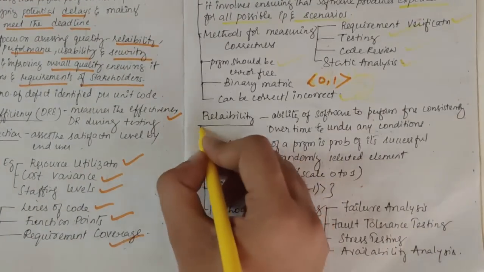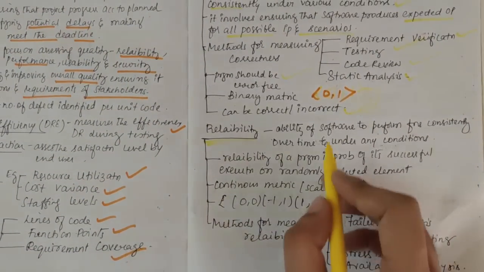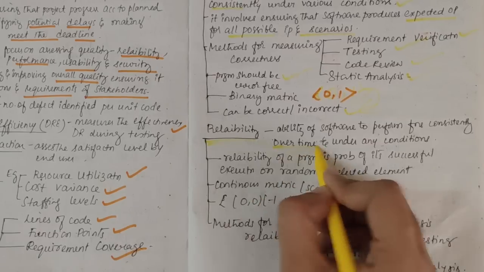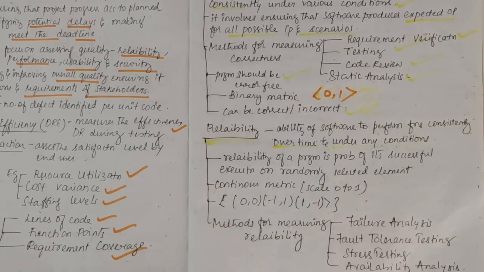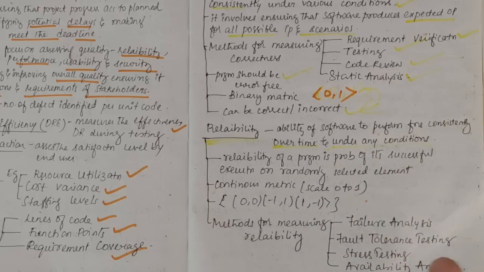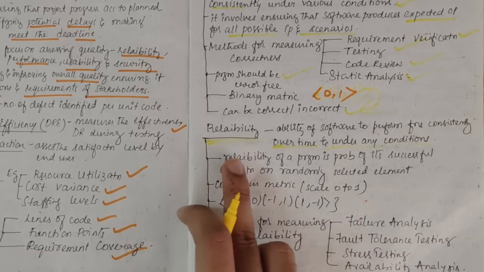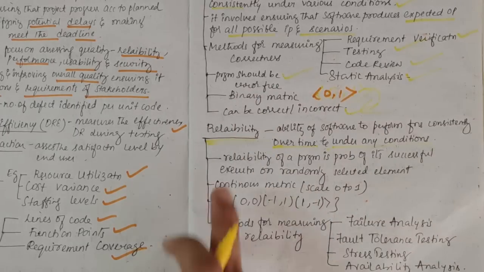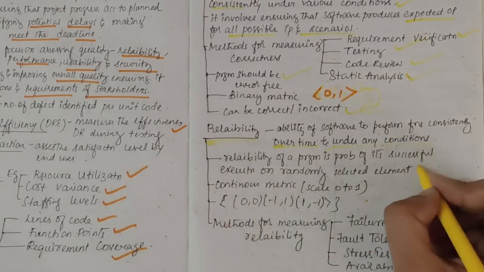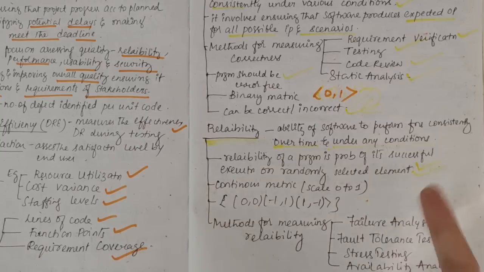Next, moving on to the next aspect, that is reliability. Reliability is the ability of software to perform functions consistently over time and under any conditions. Over time, when we are checking the software functions and performing test cases under various conditions, it results in reliability. The reliability of a program is the probability of its successful execution on a randomly selected element.